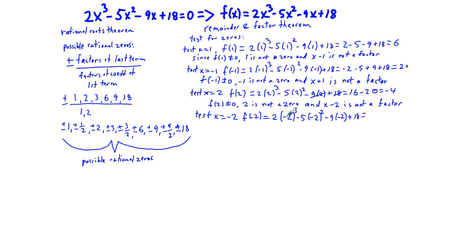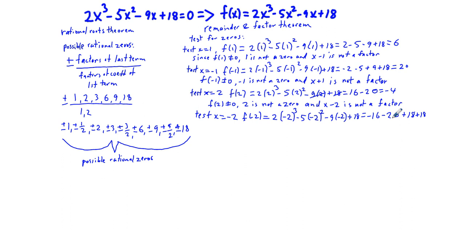And then we have negative 2 cubed is going to be negative 8 times 2, which is negative 16. And then negative 2 squared is 4 times 5, which is going to be minus 20. And then negative 9 times negative 2 is going to be plus 18, and then this plus 18 over here.